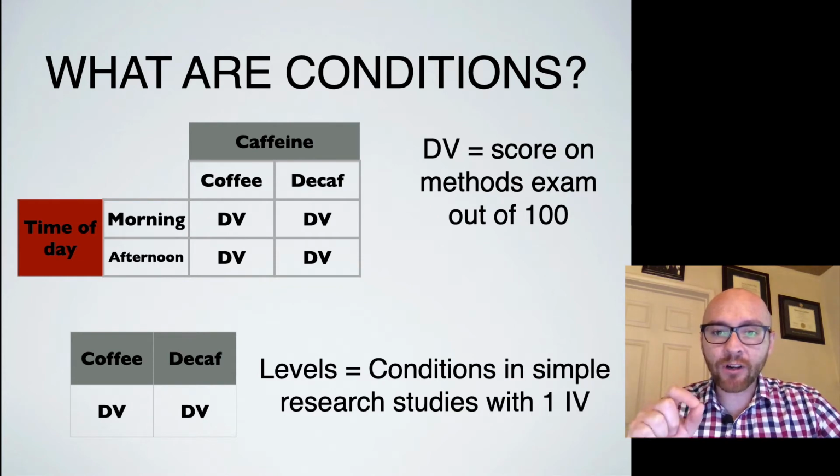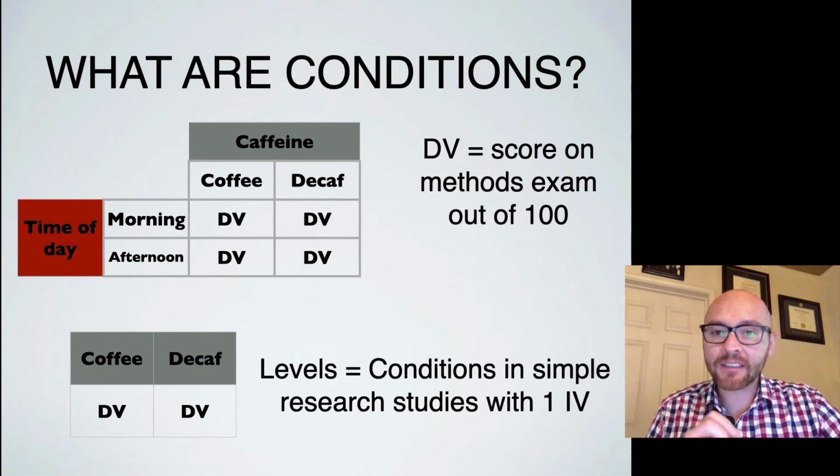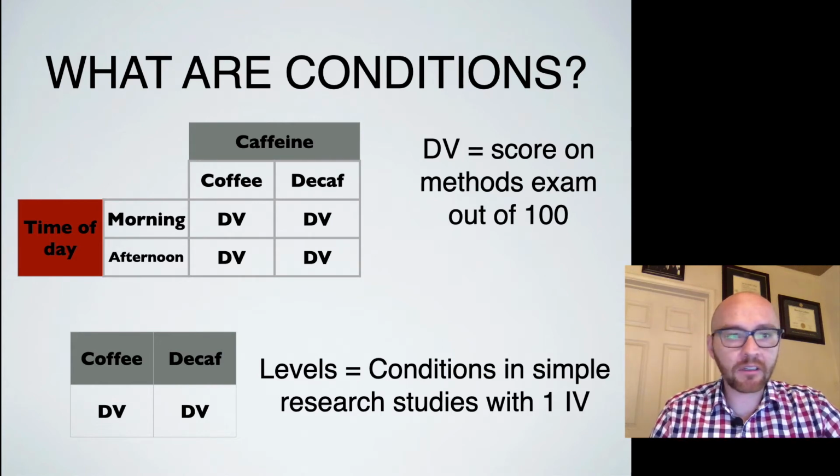Levels is focusing on those IVs specifically, and you should at least have 2. You might have more, but you at least have to have 2. Whereas conditions are related to the levels but different. So let me show you here. Let me get my cursor out, if I could find it.